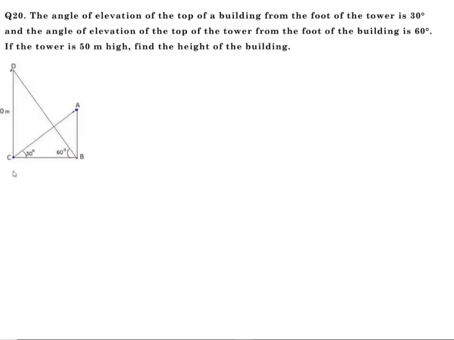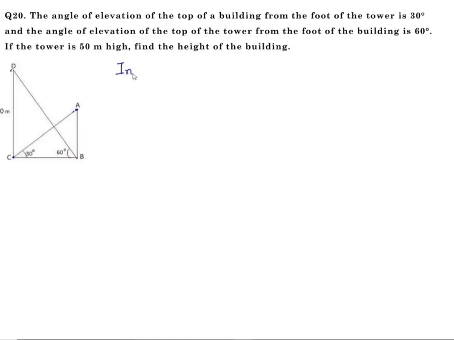Students, if you are finding difficulty in the unit applications of trigonometry, what I suggest is, for most of the questions we use the tan ratio. So what you can do is split the figure into right angle triangles. Here the figure consists of two right angle triangles.